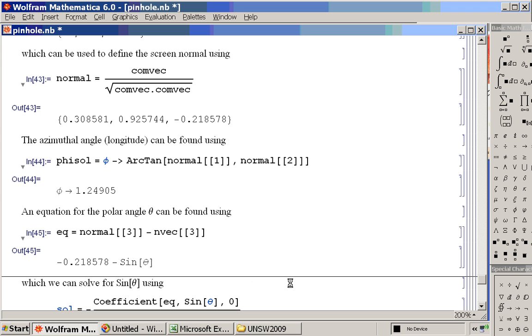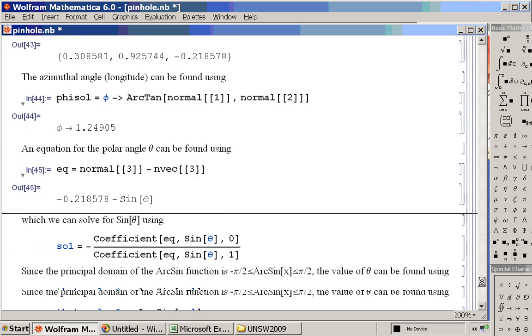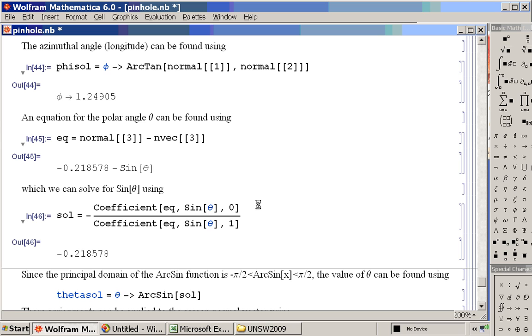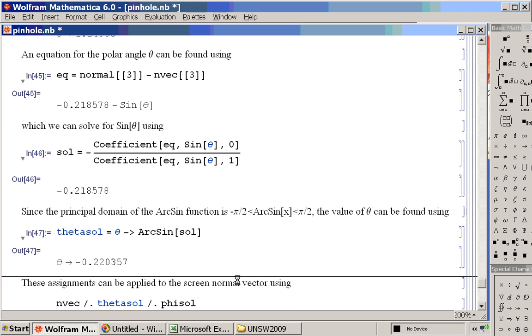And I can solve that for sine theta by setting this equal to 0, and this will tell me what the solution of that is. And now, since the principal domain of the arcsine function is minus pi over 2 to plus pi over 2, I can calculate the angle theta from that.